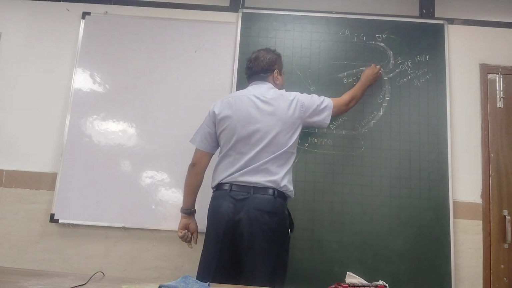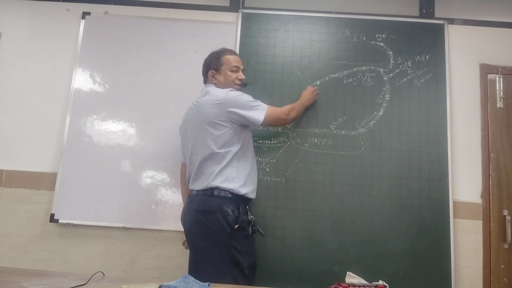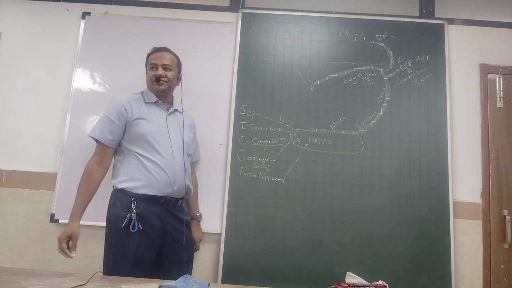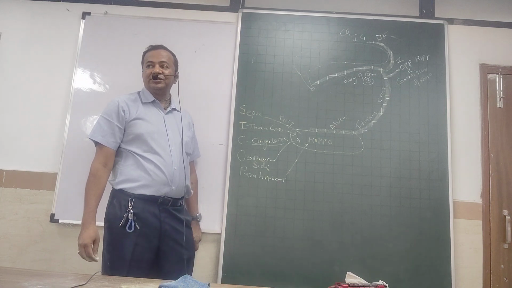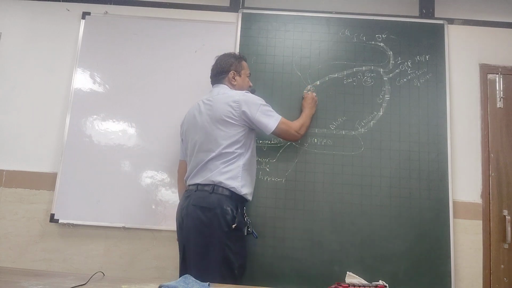Now this body of the fornix which is formed, it comes here near the anterior commissure. Near the anterior commissure the body comes and this divides into columns.